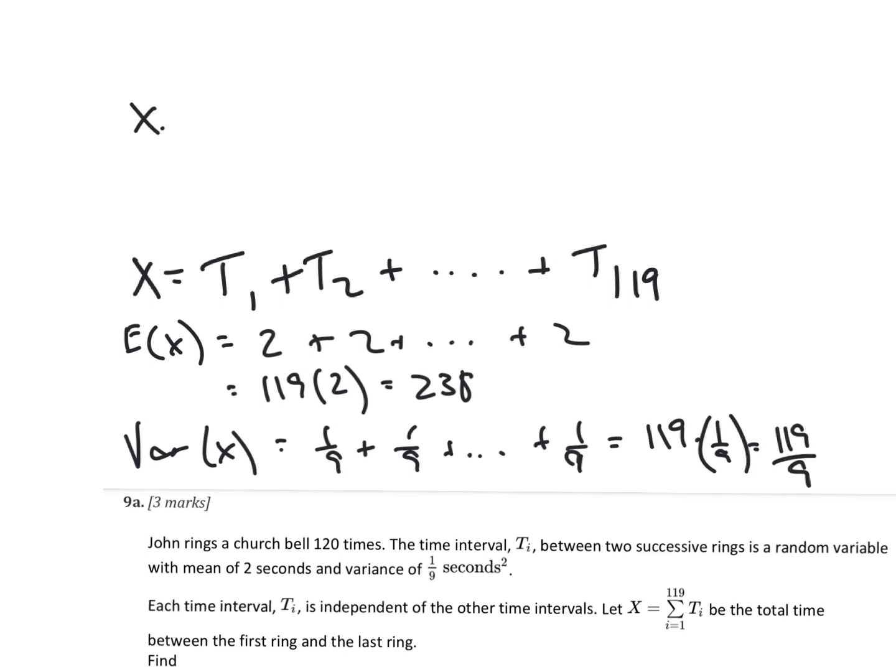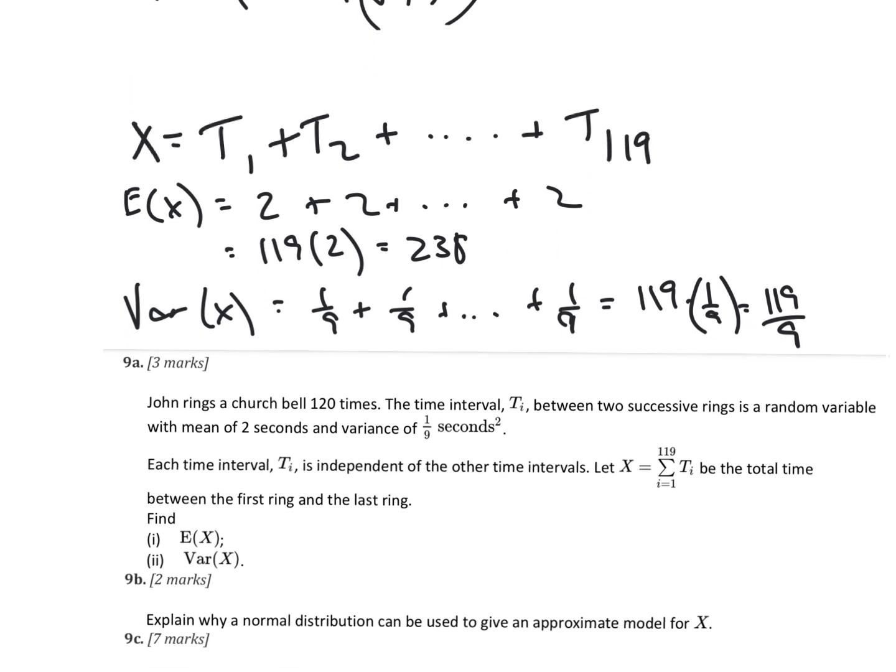So x is a normal distribution with a mean of 238 and a standard deviation of the square root of 119 over 9. And so there is our defined normal curve, our variance and expected value.